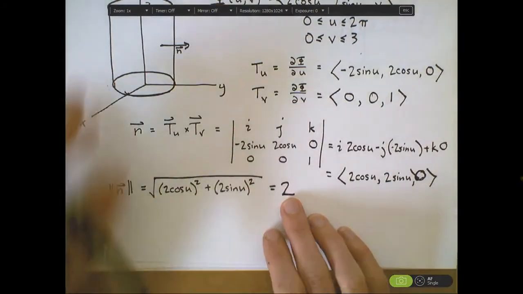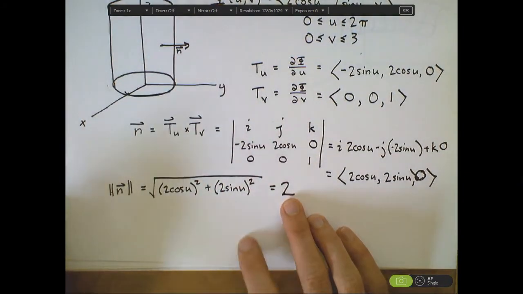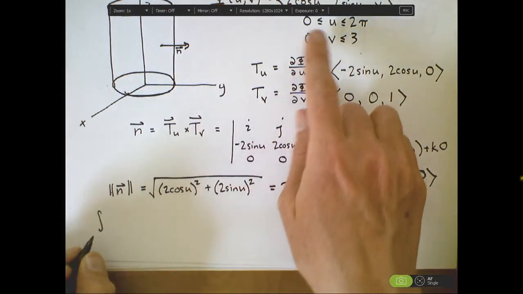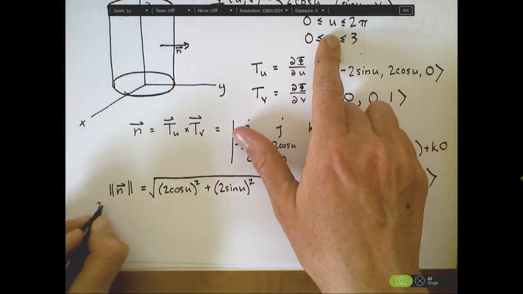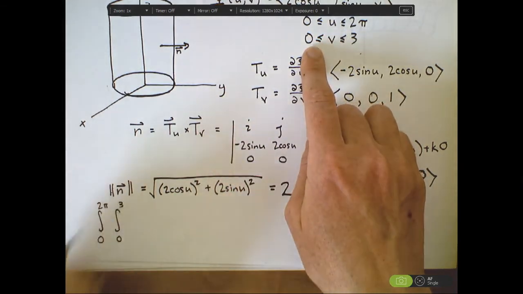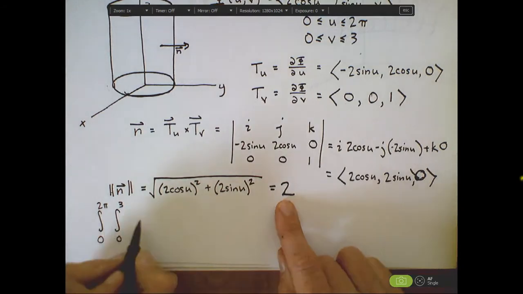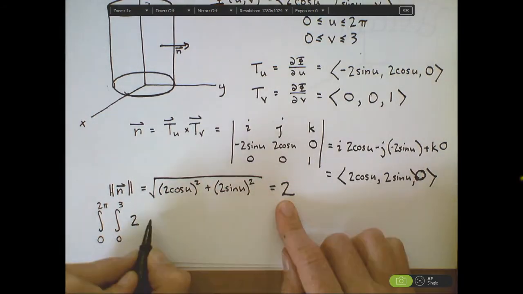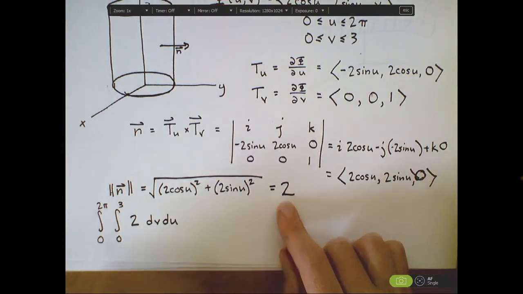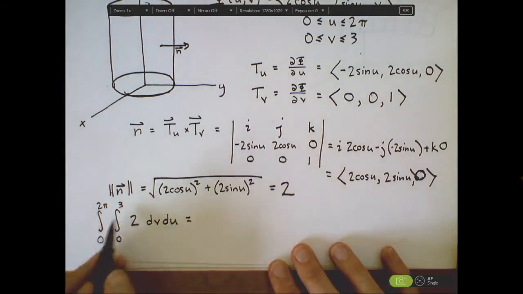Now we're ready to set up our integral to compute the surface area. Recall that we're going to use our bounds as u goes from 0 to 2 pi, as v goes from 0 to 3. The magnitude of n is 2, dv du. It's as easy as that. So what happens when we do this?